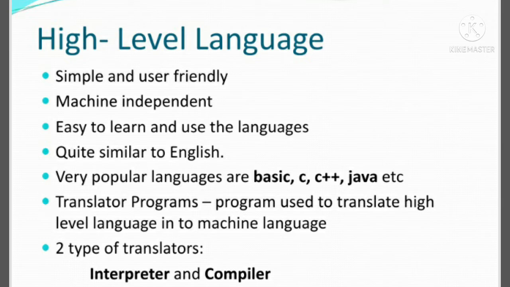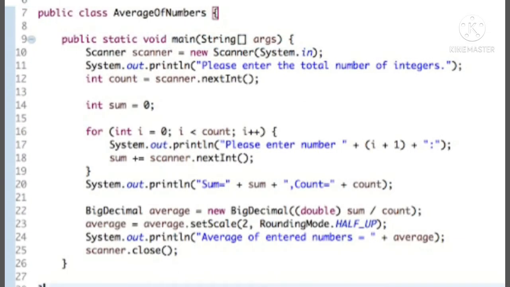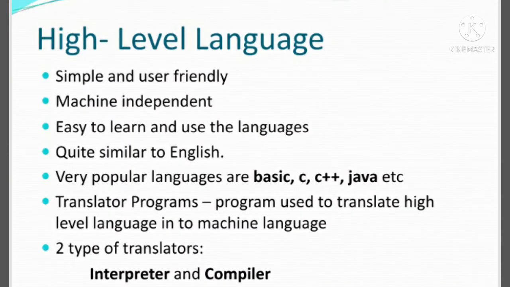It is just like our English language, and it is a totally machine independent language, which is not dependent on machine. For example, some popular languages are Basic, C, C++, Java, etc. These are all examples of high level language.